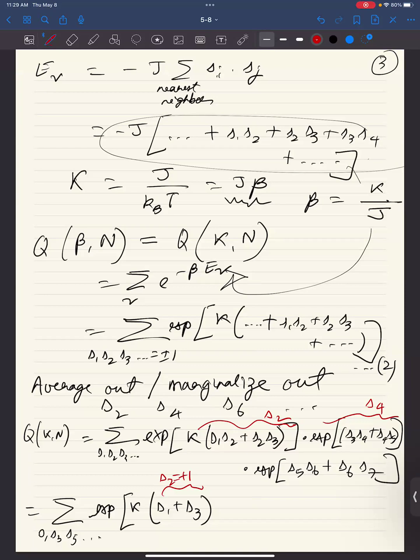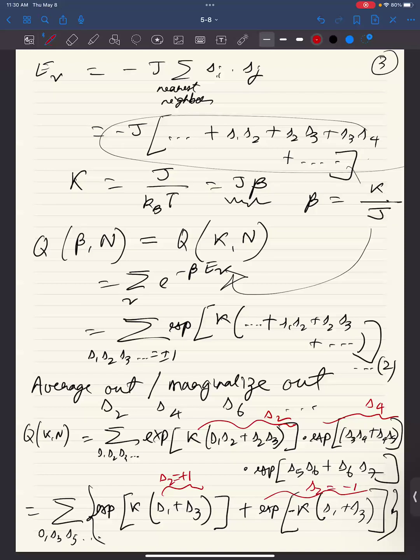And then, this is a summation now, so it's going to be plus exp of K, and now I have to take the value of S2 equal to -1: minus K (S1 plus S3), right? All of this is when S2 is equal to -1. And together, this whole thing is just this one exp, okay?